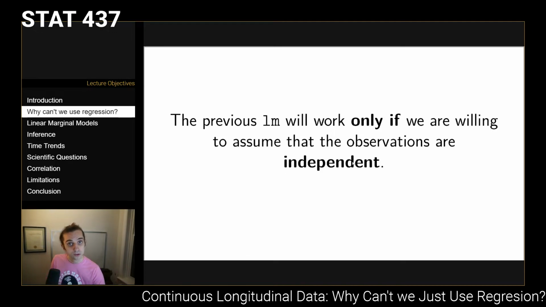But we know, given this correlation matrix, that they can't be independent, because within each individual we see this really strong correlation between their measurements at week 0, 1, 4, and 6. And that is fundamentally the reason that we can't use linear regression directly. It's not going to work because we don't have independent data.